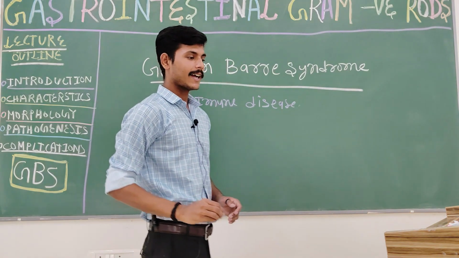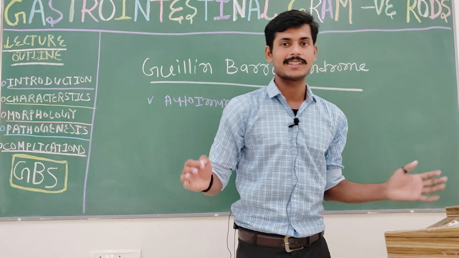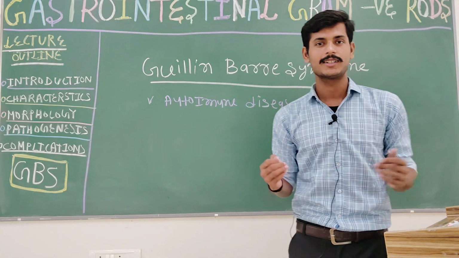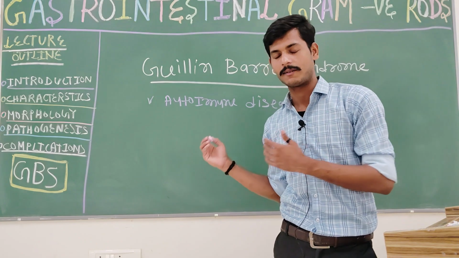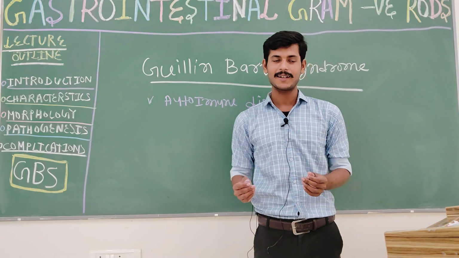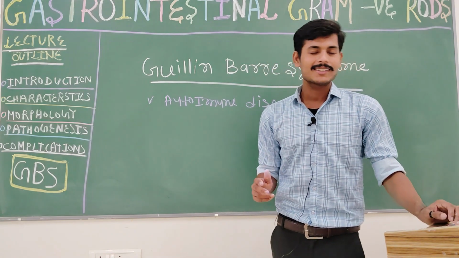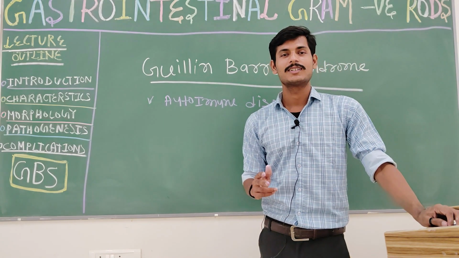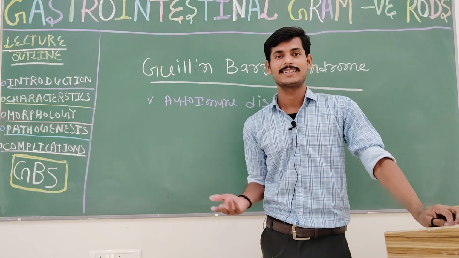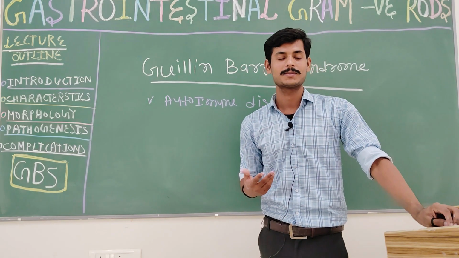Now the second thing is why we are discussing Guillain-Barré Syndrome with the gastrointestinal gram-negative rod, our Campylobacter. Is there any relationship? Relationship is always between two persons, but sometimes there is something called self-relationship.